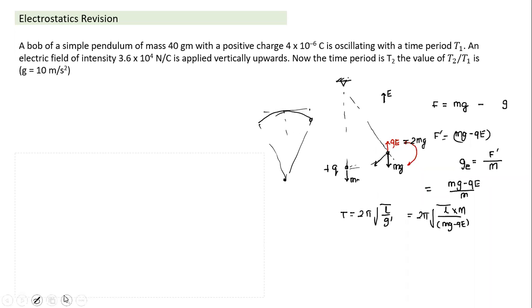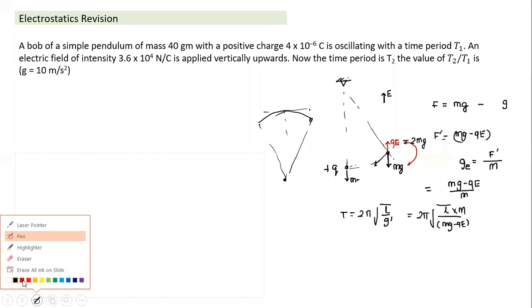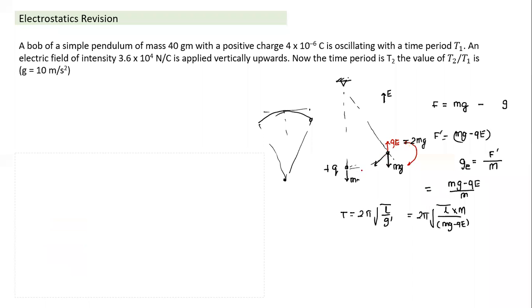I'll mention one more point here. I mentioned it last time as well, and I said sometimes we forget it. This is one type of question. The second variation of the question may come. If at the point of suspension there is also a charge Q, will the time period change? In this case, the electrostatic force is acting in the radial direction when the mass reaches this point.